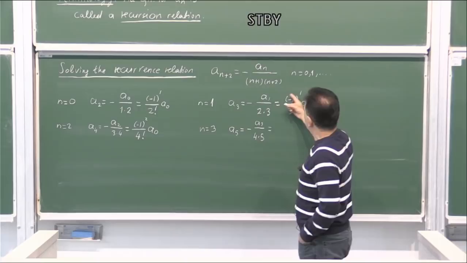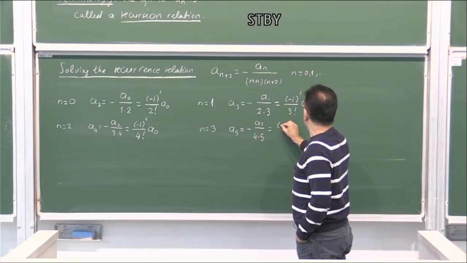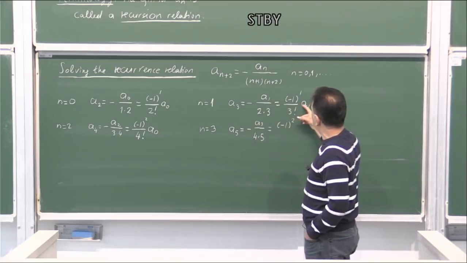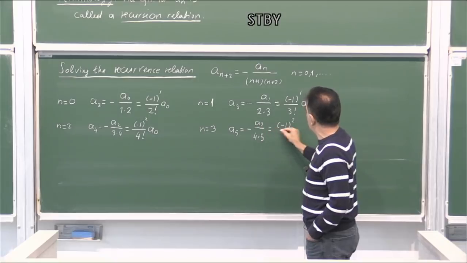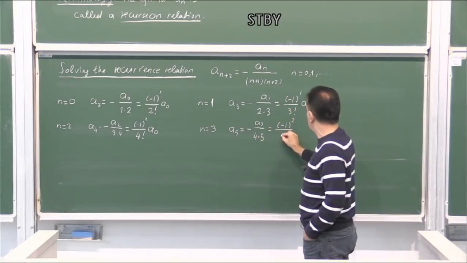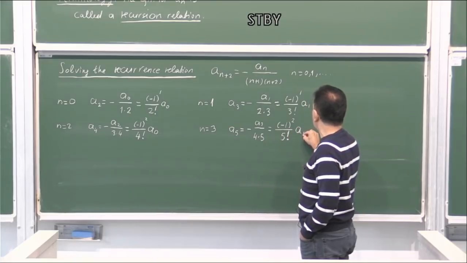Similarly, a3 is known in terms of a1. So we get minus 1 squared, and substituting a3 in terms of a1, we have 3 factorial times 4 times 5, so 5 factorial, giving a1 over 5 factorial.